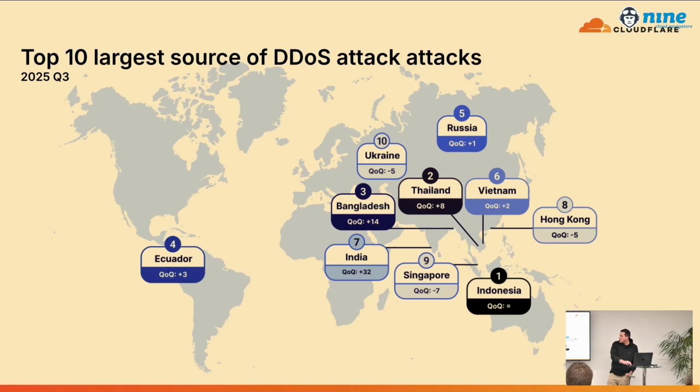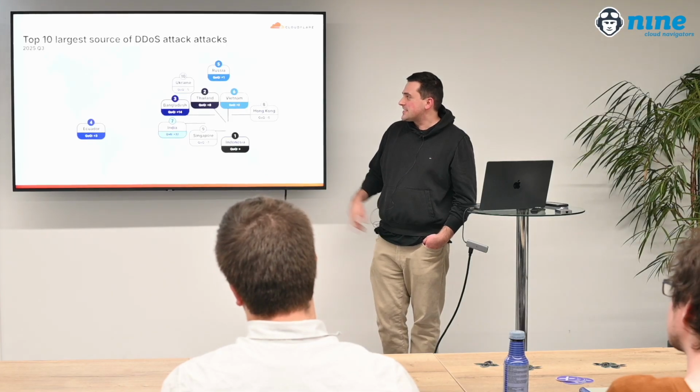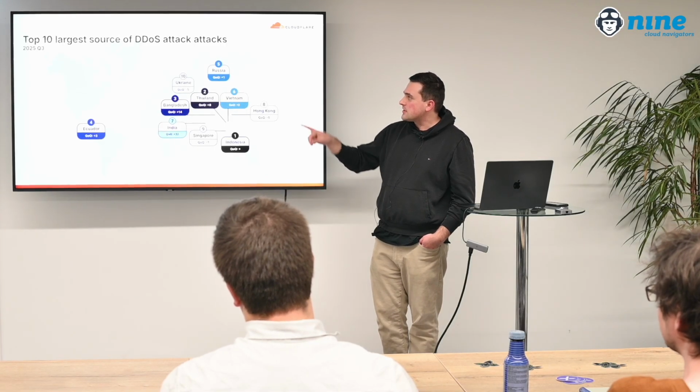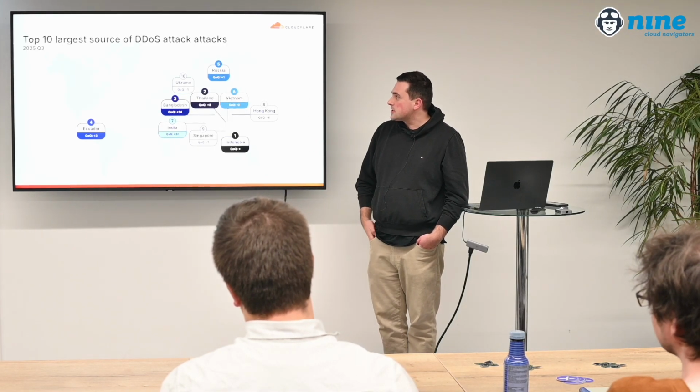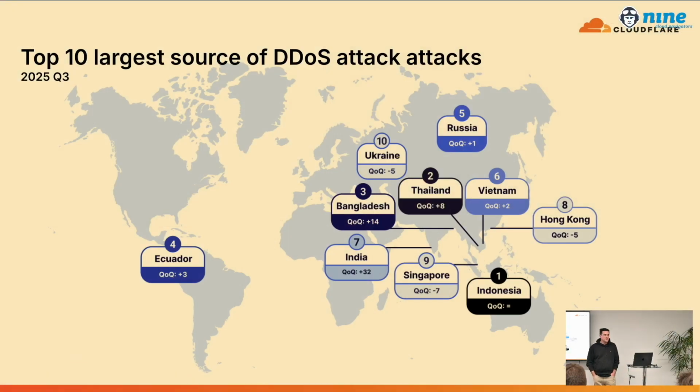Just to say, I often talk with customers in Switzerland that tell me, hey, why do I have to care about the global network? Why do I have to care about people in different countries, traffic from different countries? It is exactly because of this threat intel that we released in the previous quarter, right? Because if you have an endpoint on the internet, you can't really choose who will access your endpoints, right?